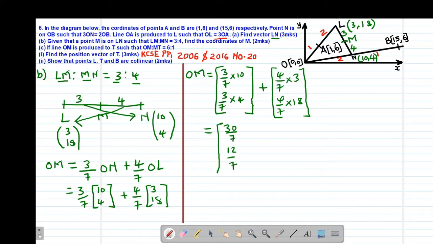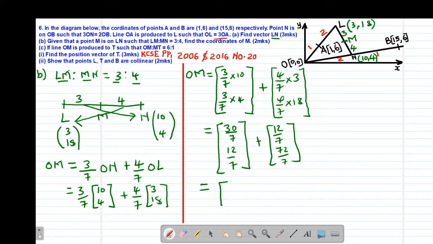Then of course into brackets, so I'm going to add the following. So plus 4 by 3, I'm going to get 12 over 7. Then 4 multiplied by 18, I'm going to get 72. So this is 72 divided by 7. So if I add, I'm going to get the following.